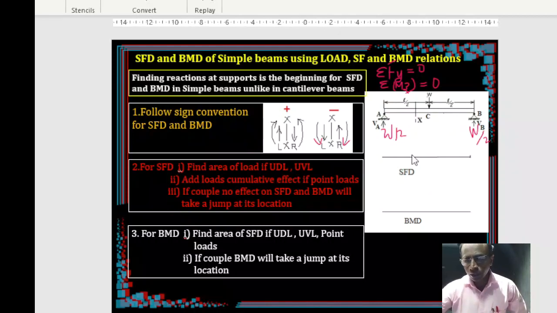Whenever you want to draw shear force and bending moment, minimum you consider 3 points, right? So let us take one point here. Where to take? You can take at both ends and one at the middle. So let's say 3 points I have considered: point number 1, point number 2, and point number 3.